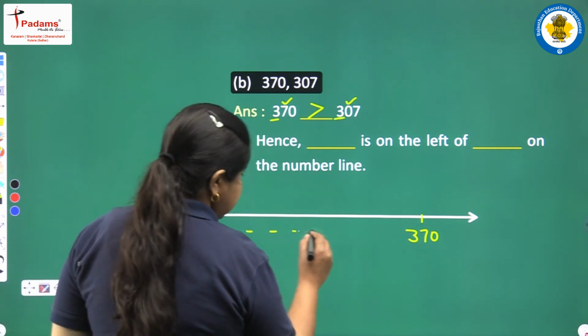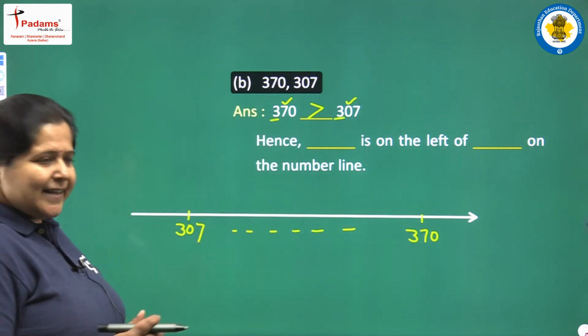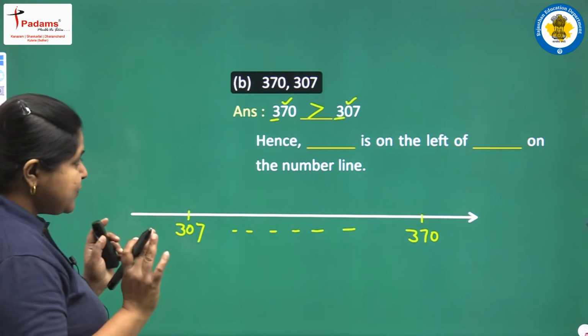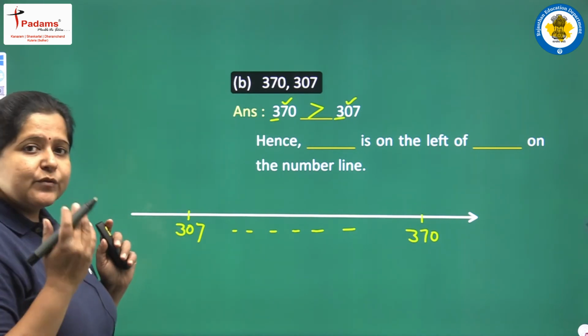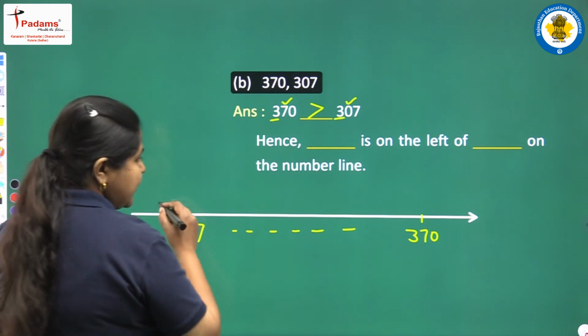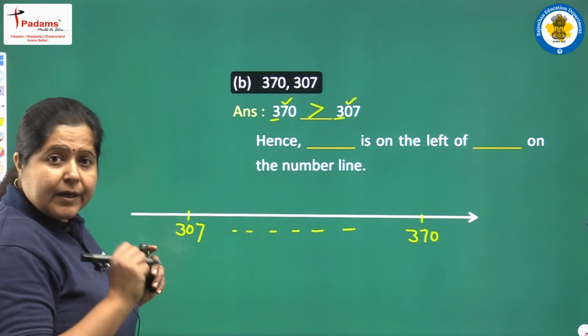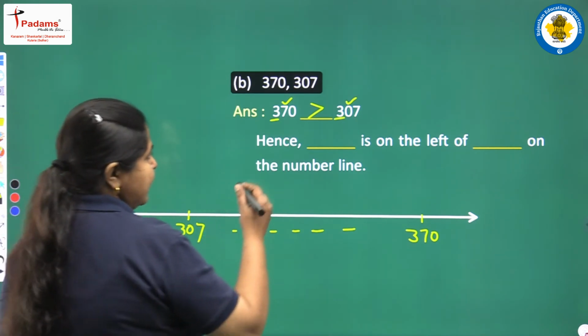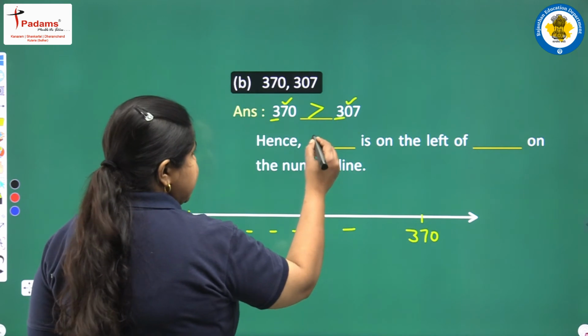We will be having many more numbers in between. It is just giving you a visual clue that which one will be to the left and which will be on the right. Remember that as we move on from left to right, the numbers are increasing in their order. So, we have which number will be on the left?